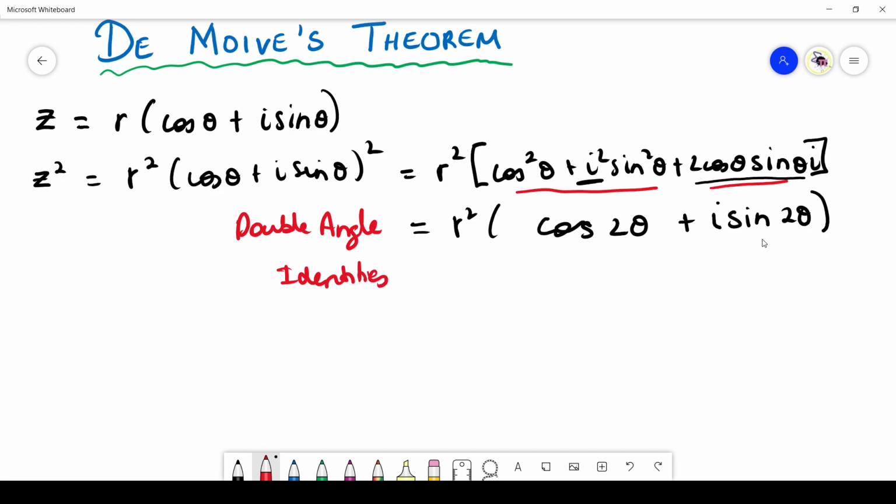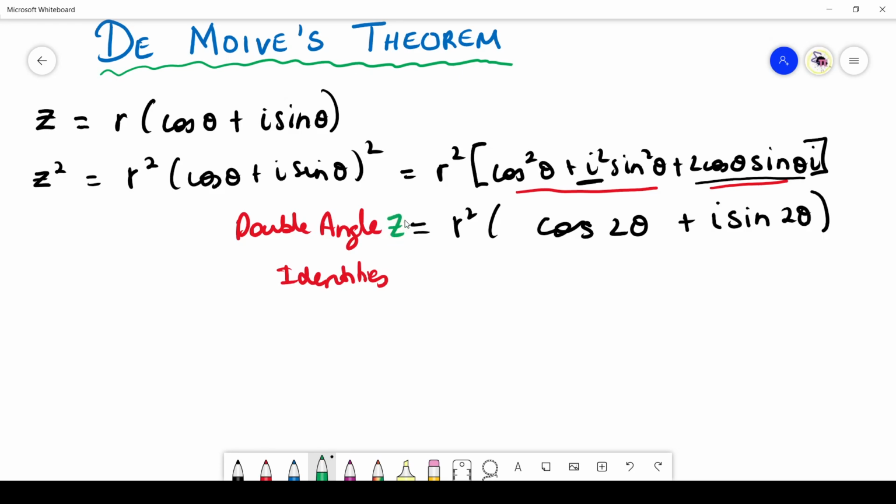Now, according to the standard form when it comes to polar complex numbers, you can see a little bit of a pattern happening here.